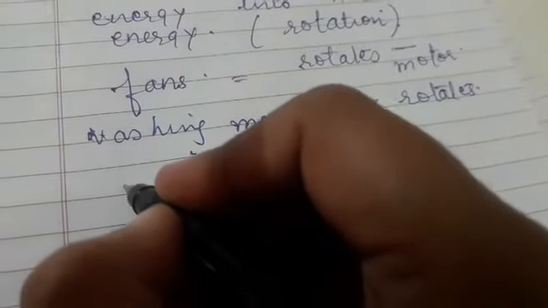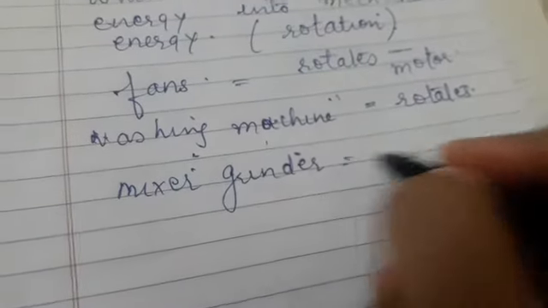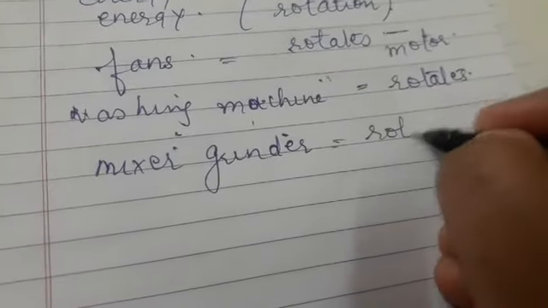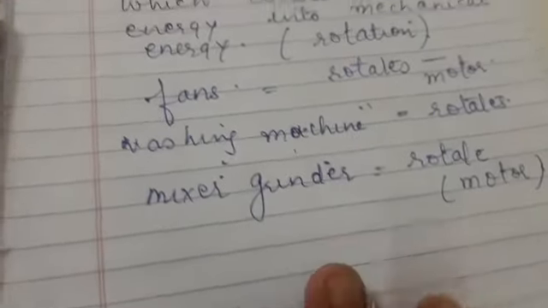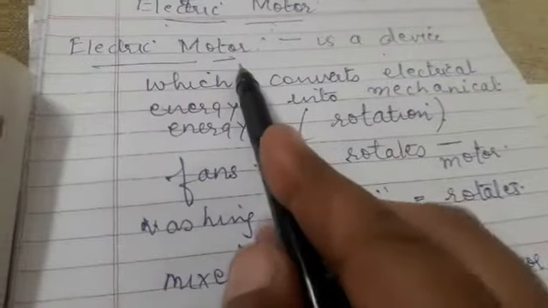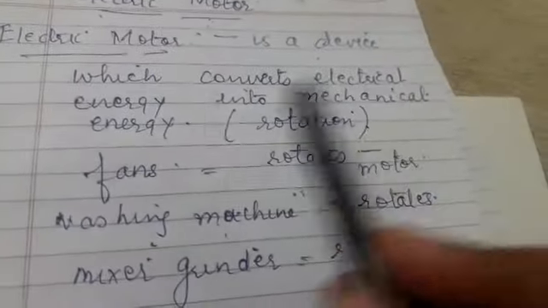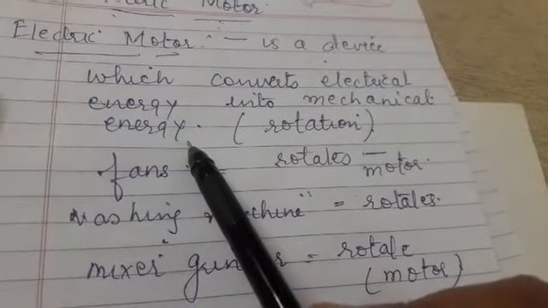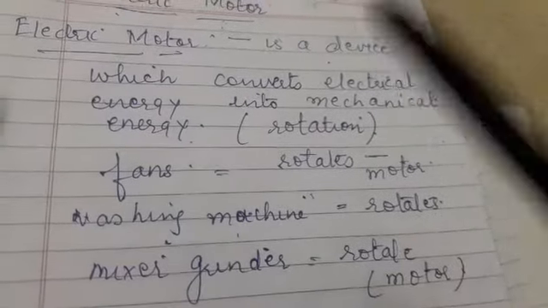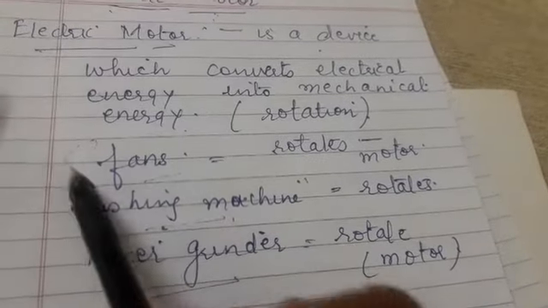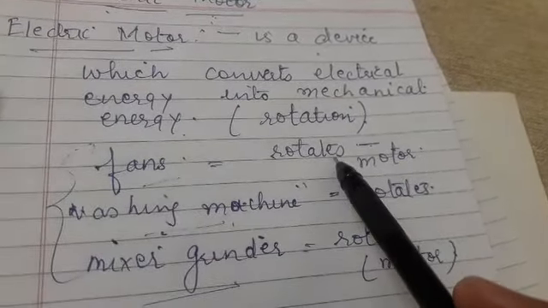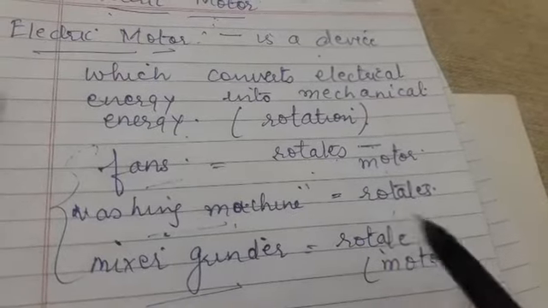Then a mixer grinder. These are some of the devices or appliances which you have seen at home. These also rotate because they have an electric motor inside. So what is the electric motor doing? It is converting electrical energy into mechanical energy, or we can say that the object is set into motion, or the motor actually rotates. The examples are fan, washing machine, mixer grinder. These are some examples of devices or appliances which use a motor.